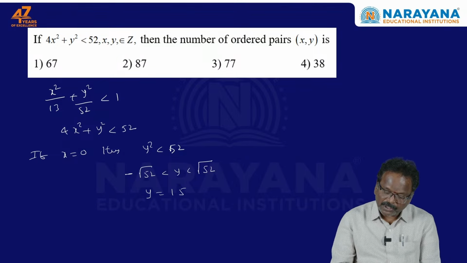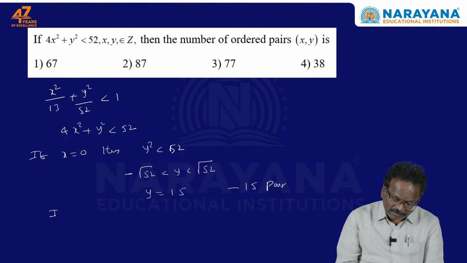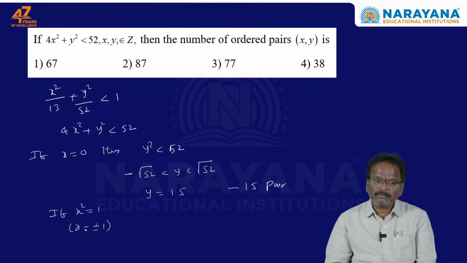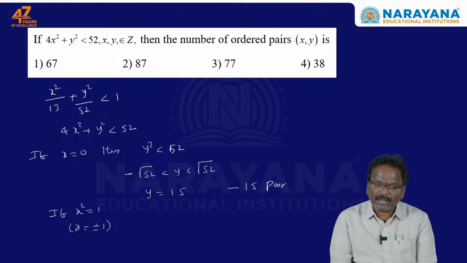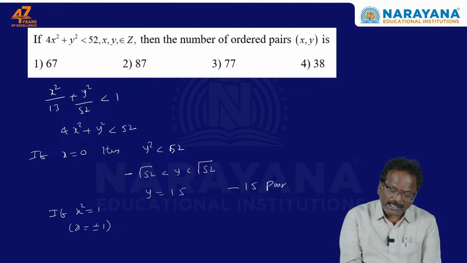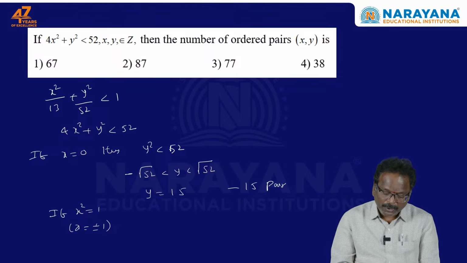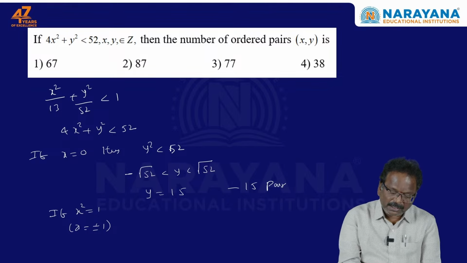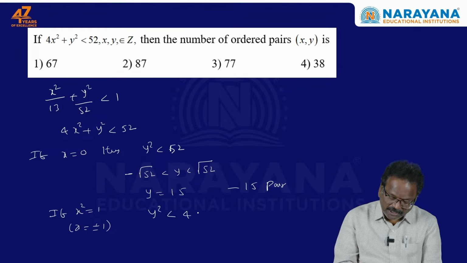So, if x is 0, you will get 15 pairs. Suppose x square is 1, which means x equal to plus or minus 1. How many integral coordinates inside the ellipse? Substitute x square 1 in the given ellipse: y square less than 48.